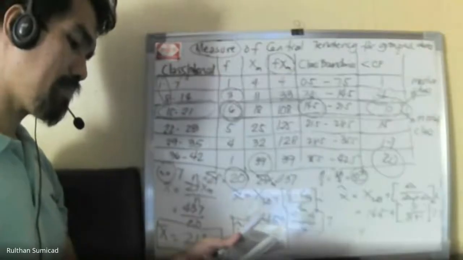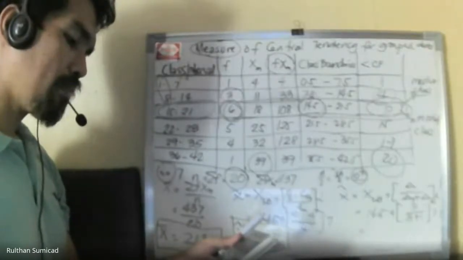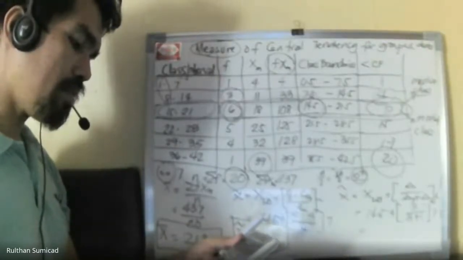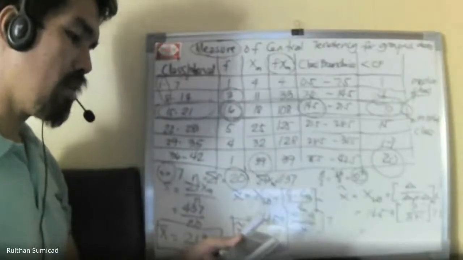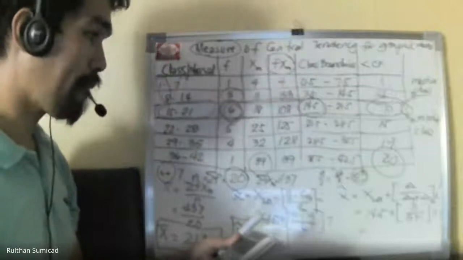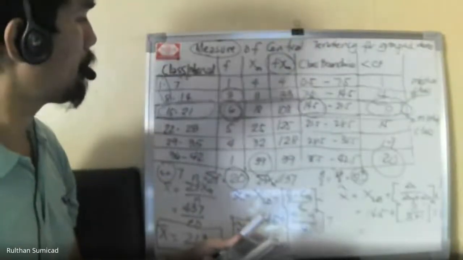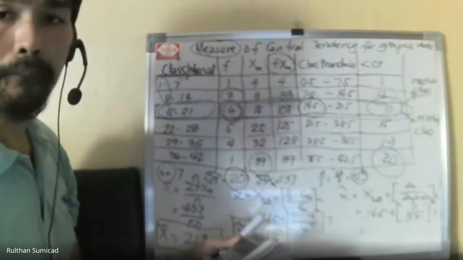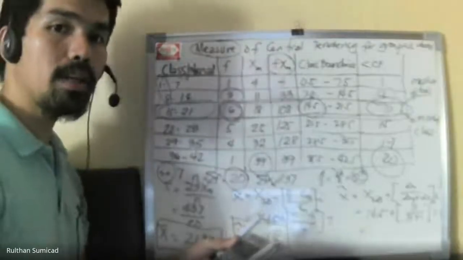That is 3 divided by 4 times 7 plus 14.5. What's your answer?